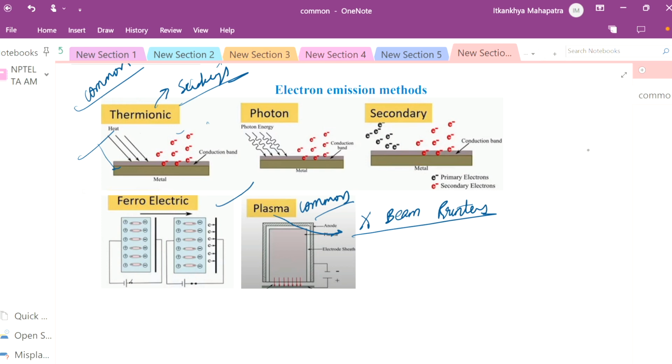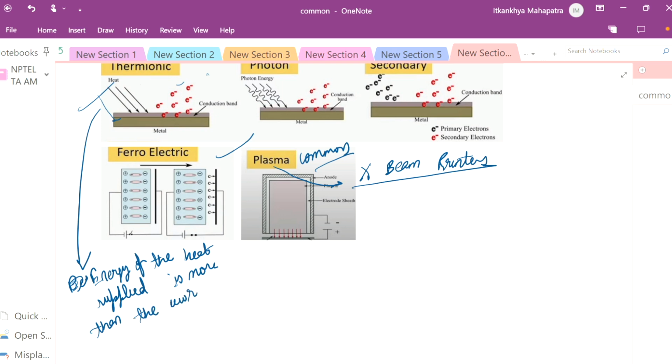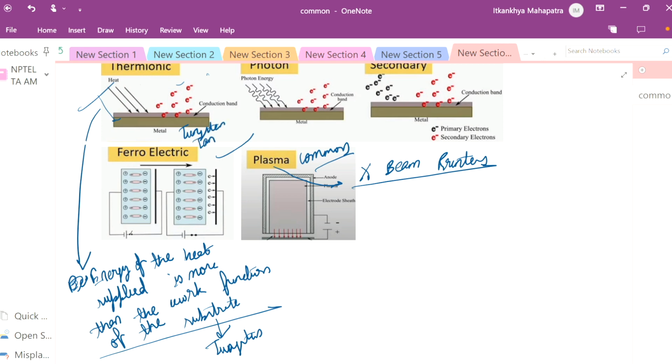Now here, when the electron supplied is this and one is tantalum.